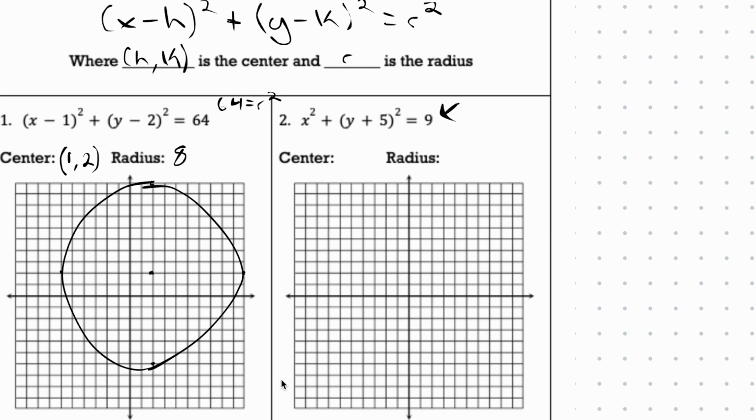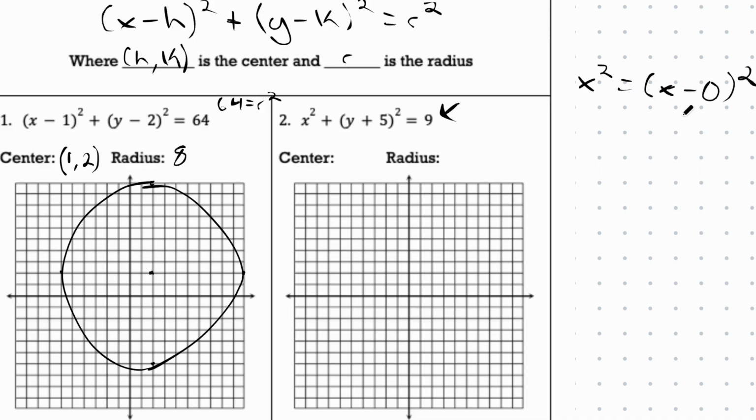Okay, so let's move on to number 2. Here, we don't have anything. Here we had x minus 1. Up here we have x minus h. So what's our h value going to be here? Well, x squared is just another way of writing x minus 0 squared.